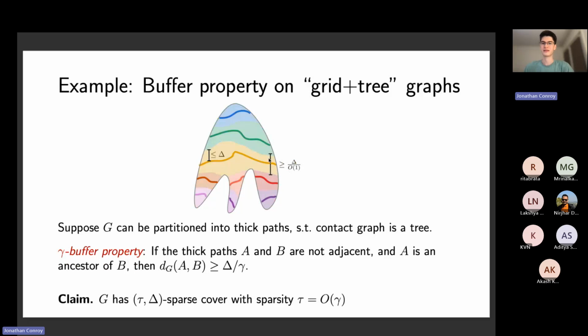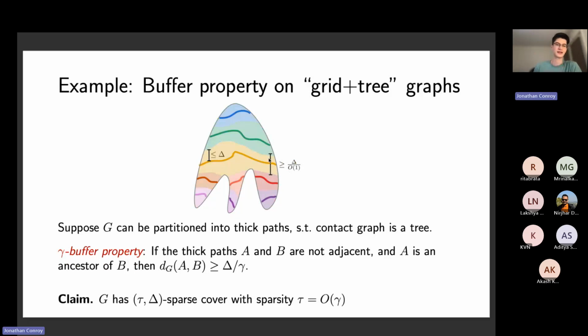We don't necessarily have any buffer between sibling paths of this tree. Again, this gamma buffer property suffices because when we construct our sparse cover, we're always growing our thick paths downward. And so this gamma buffer property in trees is sufficient to show that you have O of gamma threateners.